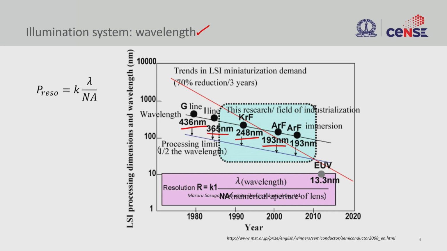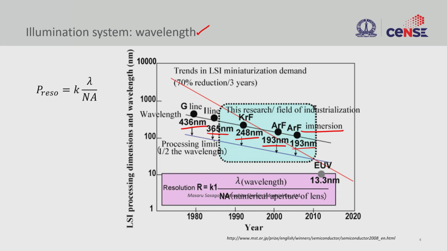So we are still using 193 lithography, but you can see there is a new technology called immersion that has emerged to reduce the features further, but the light source remained rather the same.